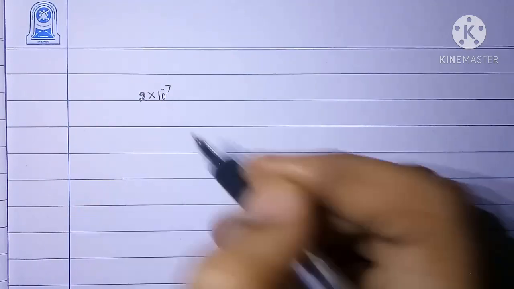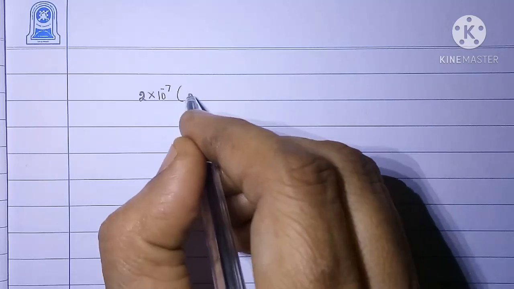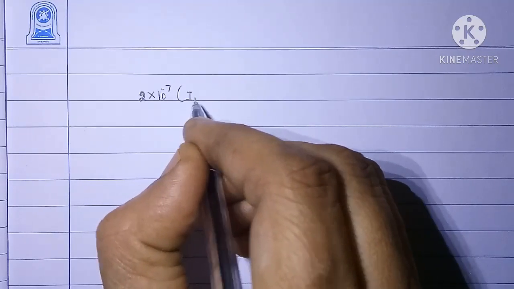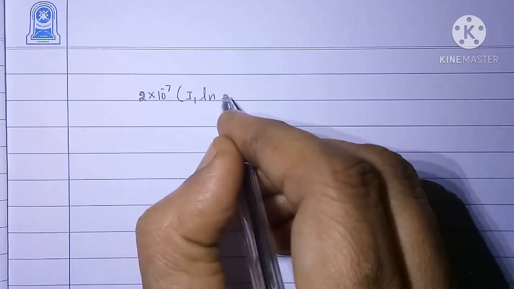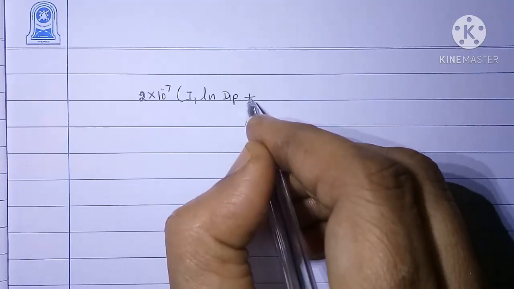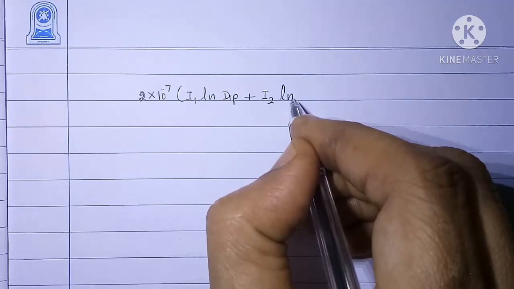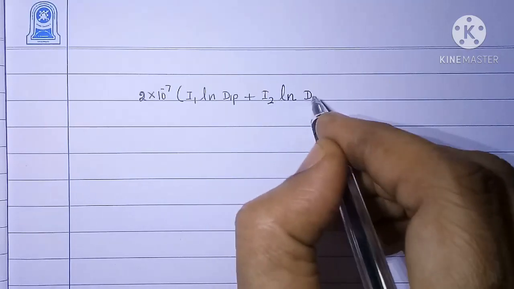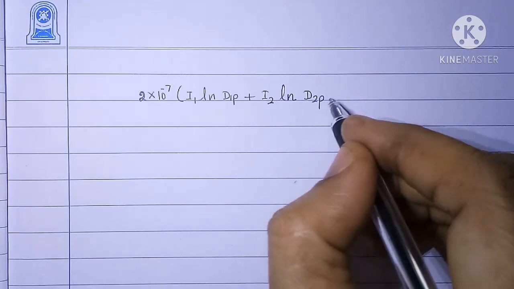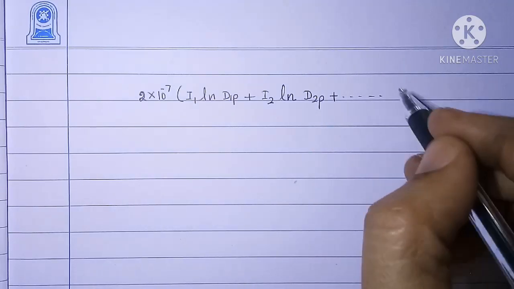Two into 10 raised to minus 7 into the bracket I1 ln of d1p plus I2 ln of d2p plus and so on up to In.